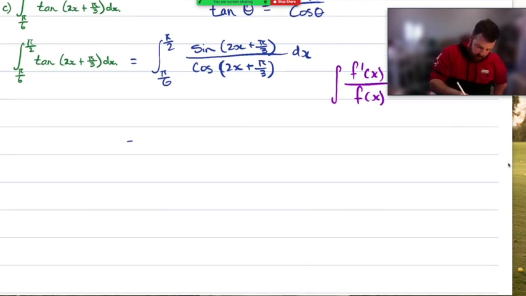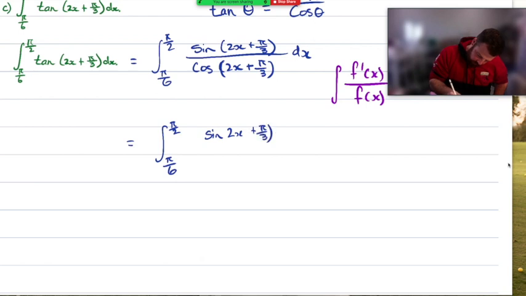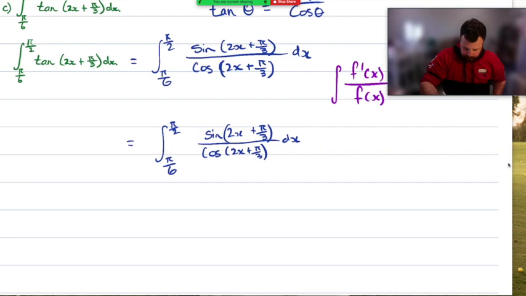So if I was to go like this, the integral between pi on 2 and pi on 6 of sine of 2x plus pi on 3 over cosine of 2x plus pi on 3 with respect to x. Well, we know we can make that look like what we need it to do.